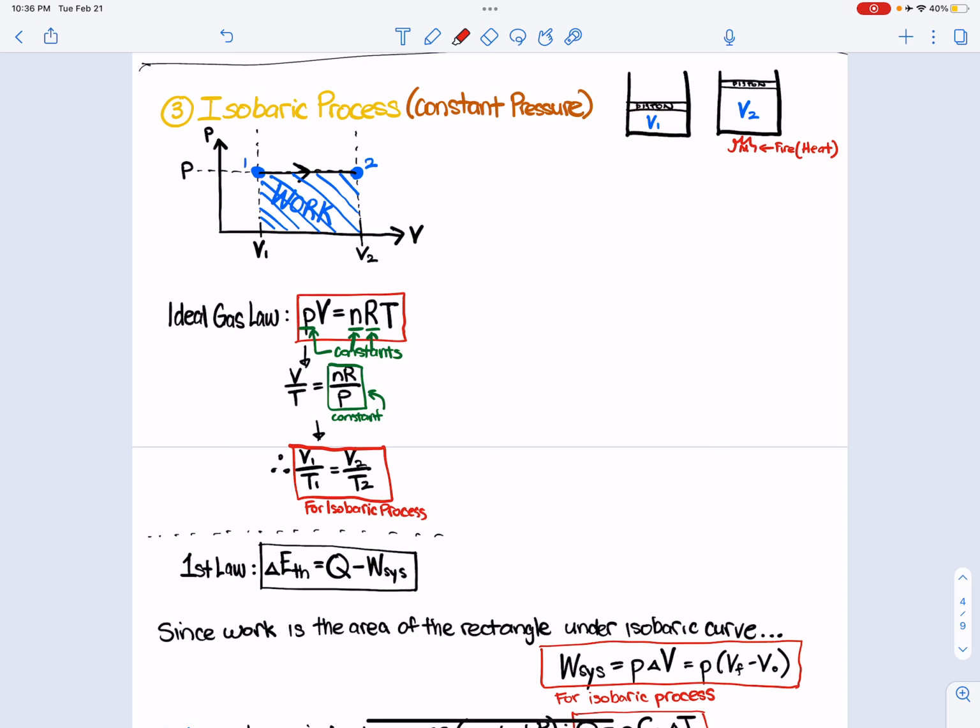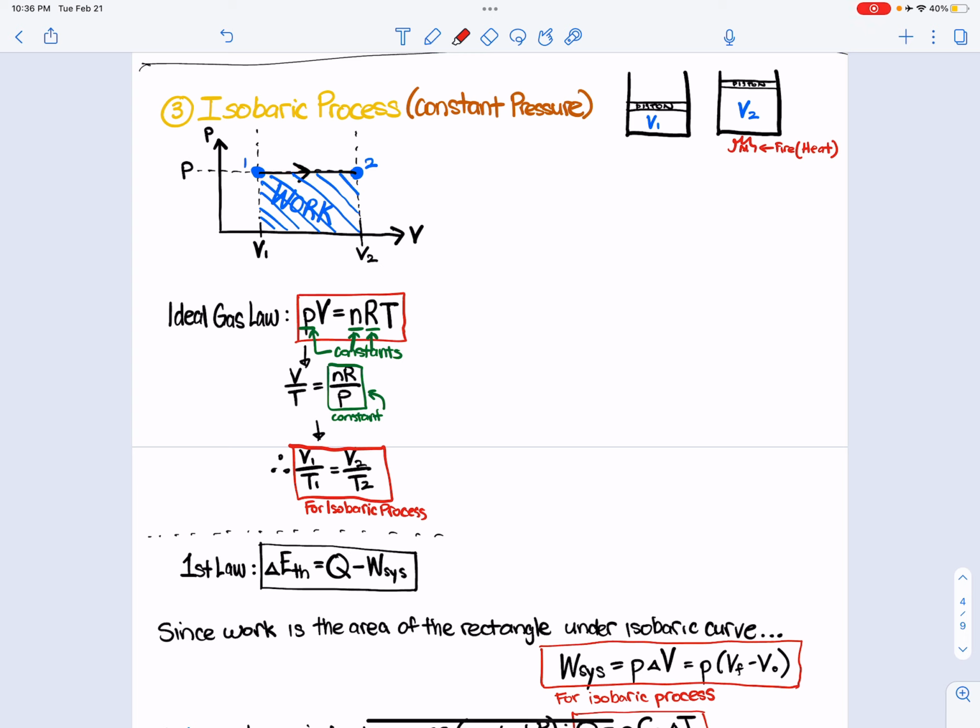And we add some sort of heat transfer into the system, usually, let's say, fire. And the piston is free to move, so volume can increase, so our pressure remains constant. What that looks like in a PV diagram is a horizontal pressure line, right? Because pressure doesn't change. It's just constantly whatever this P value is.